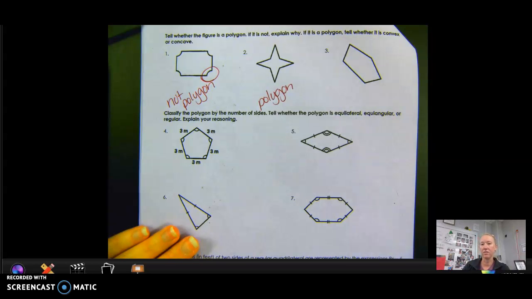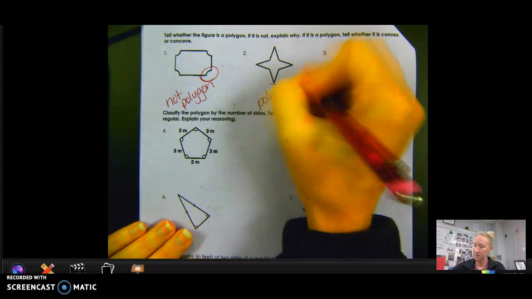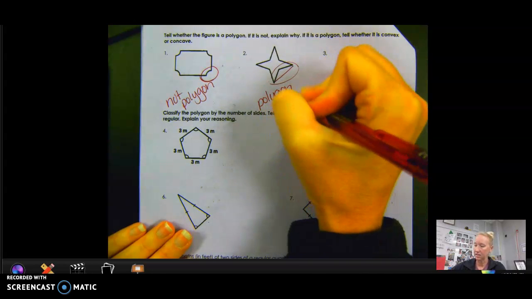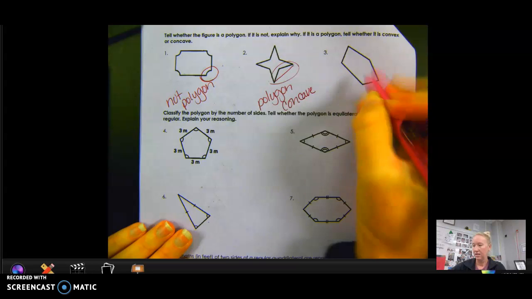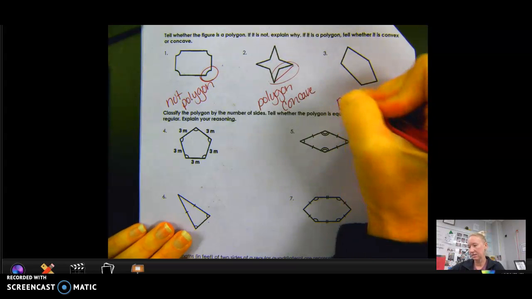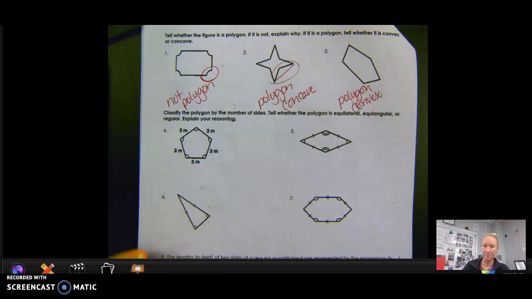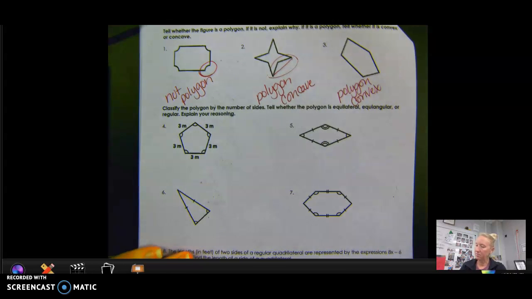So does it cave in or are all my sides out? Caves in right here, because if I were going to make a diagonal, it would be on the outside. So concave. This one again is a polygon. And this one would be convex, because it's all on the outside and all my diagonals would go on the inside.